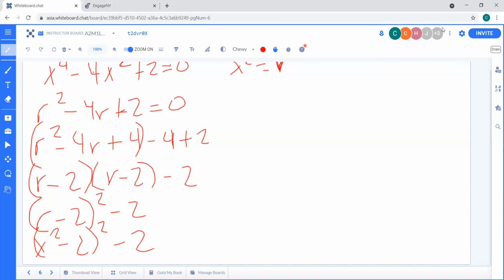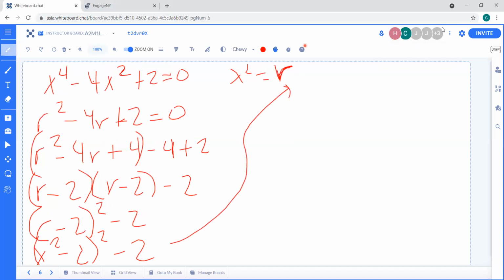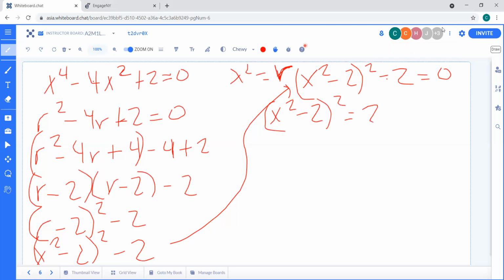All right, so let's move over here and see if we can't solve this. x squared minus 2 squared minus 2. We'll set that equal to 0. So we're going to have x squared minus 2 squared equal to 2. So we'll move it to both sides. Square root, get rid of this square.